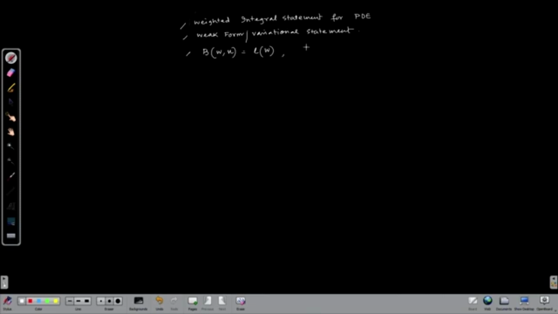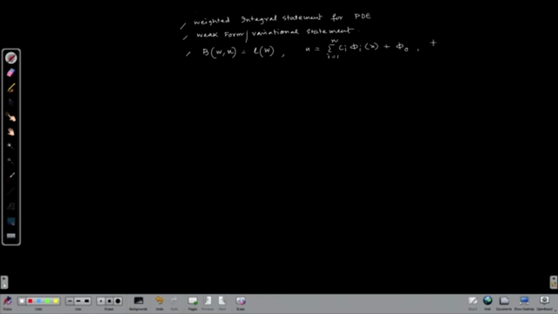We also learned that U is the summation of c_i phi_i, where phi_i is a function of x. In the case of 2D and 3D problems, it is a function of x, y, z. Here i is 1 to n, along with phi_0.